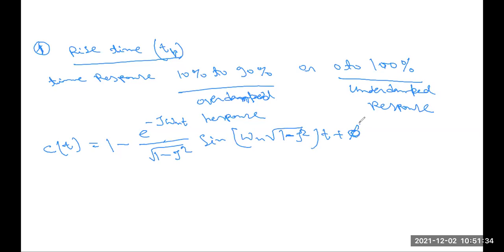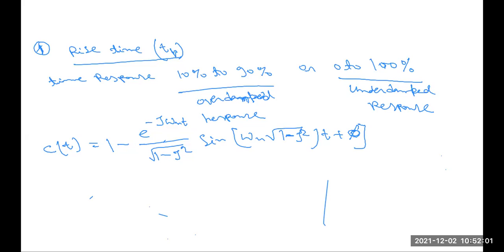These are the general equations of second order control systems. When it is 10 to 90%, it is called the overdamped system, and when it is 0 to 100%, this is the underdamped response we have to know.